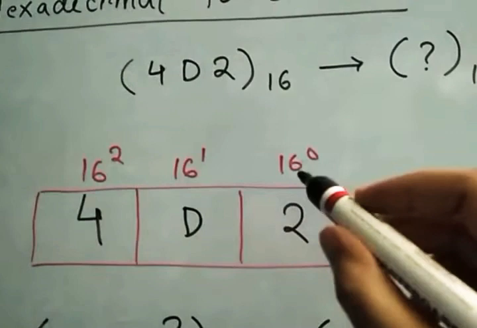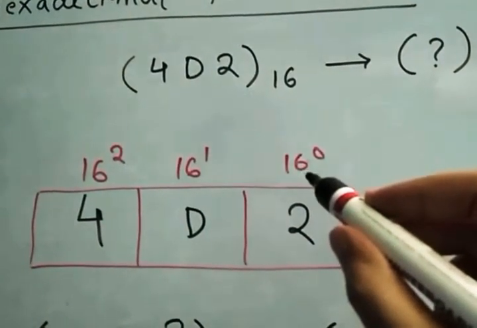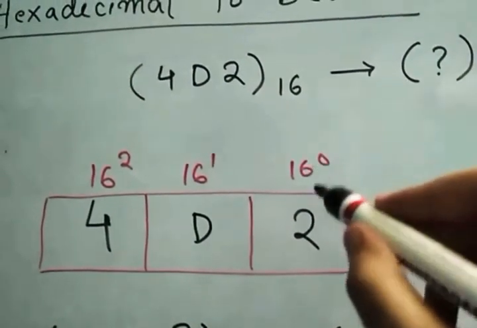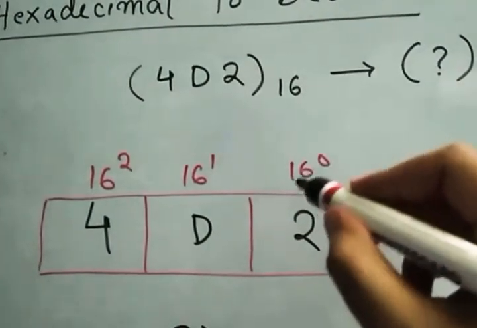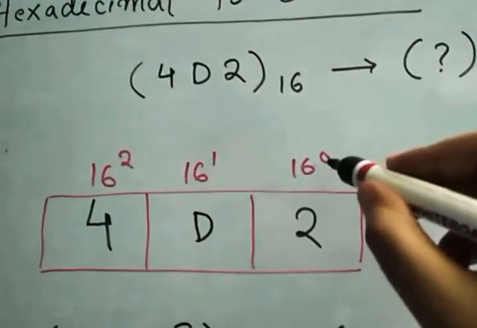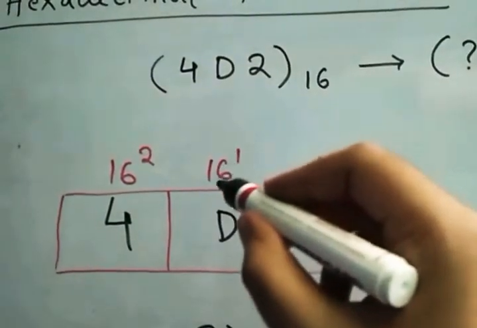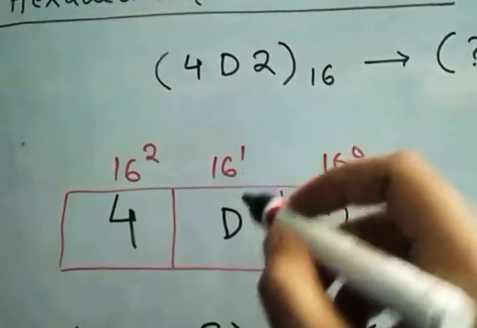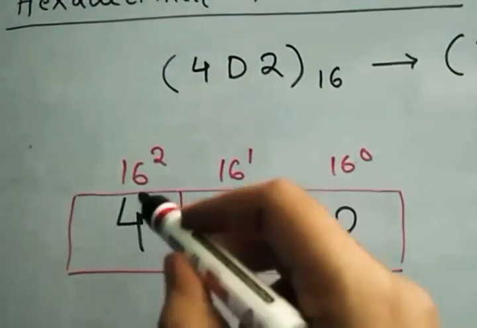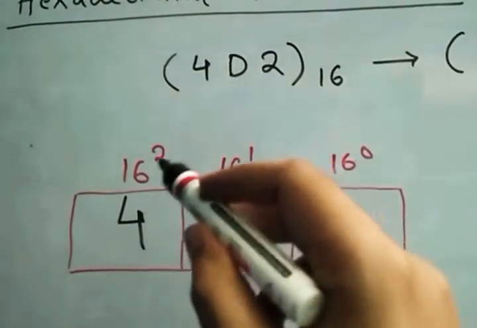So the weight will be in terms of powers of 16. As the position is 0, the weight of this position is 16 to the power 0. Next, this position is position 1, so the weight of this position is 16 to the power 1. This position is 2, so the weight of this position is 16 to the power 2.